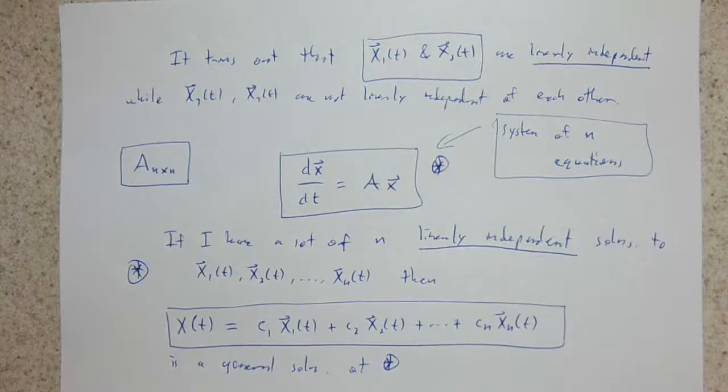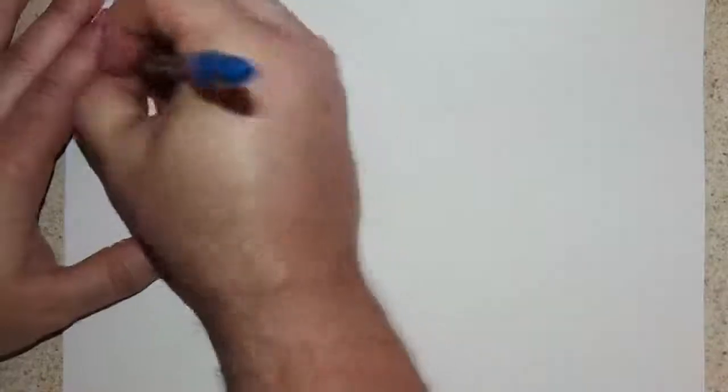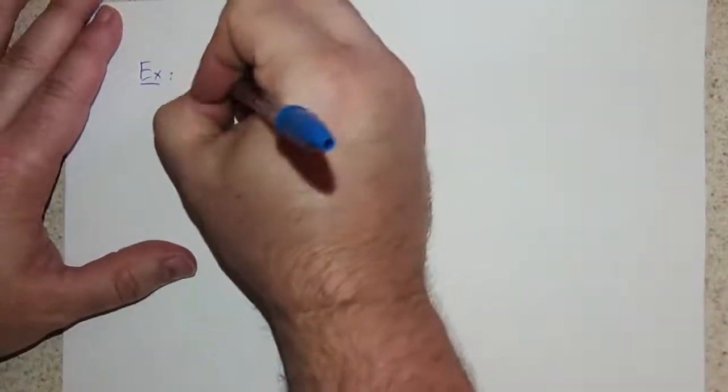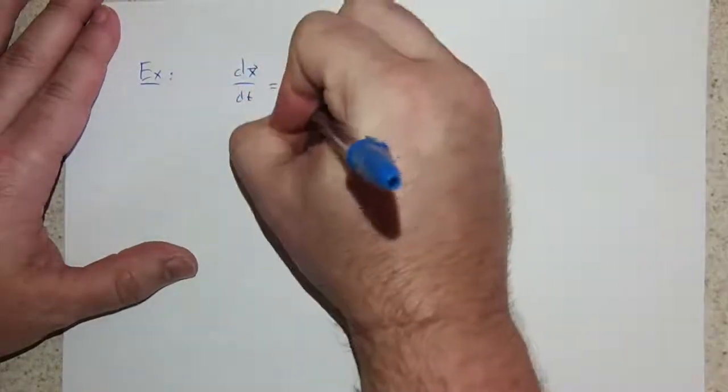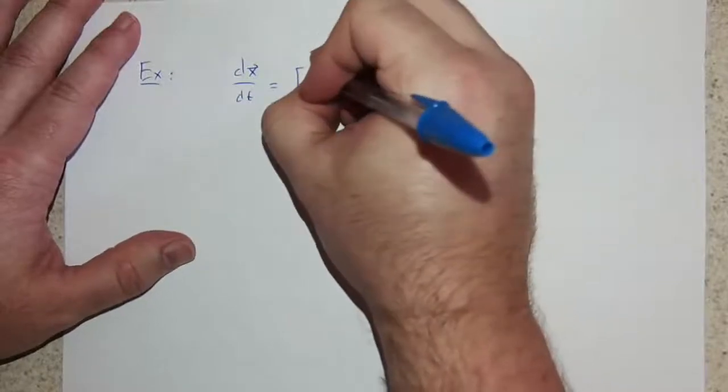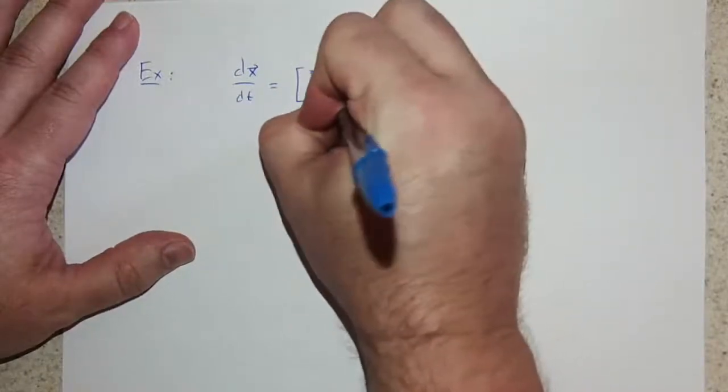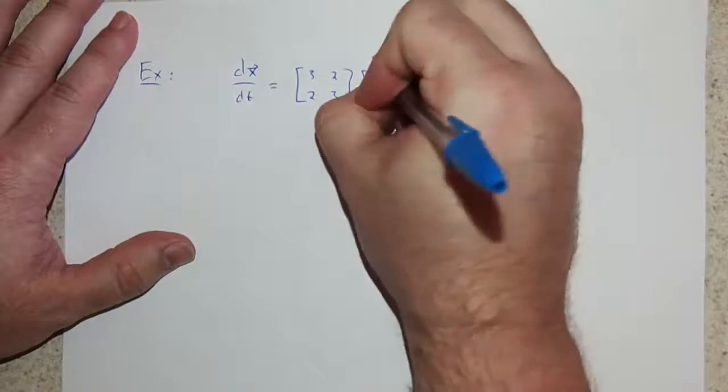All right. Okay. So this is a general solution. Let's just go back and see how that applies to the previous thing. So actually, I'll just rewrite it. So let's go back to our example. So we had dx/dt equal to the matrix 3, 2, 2, 3 times the vector x1, x2.